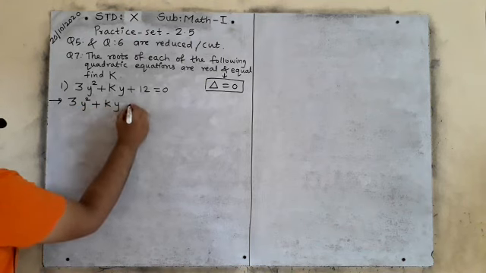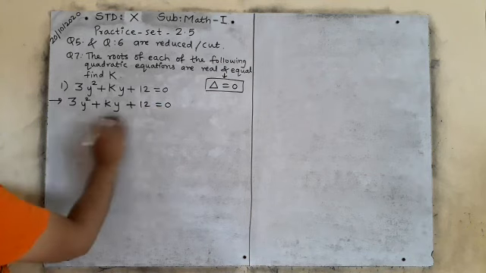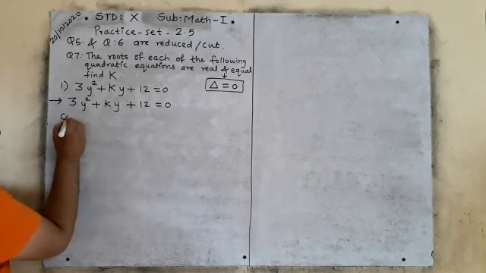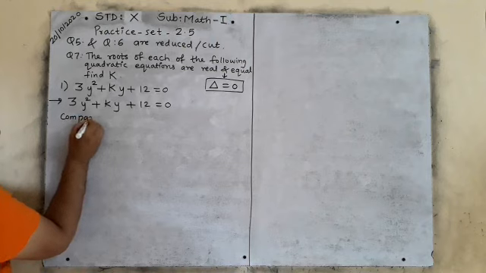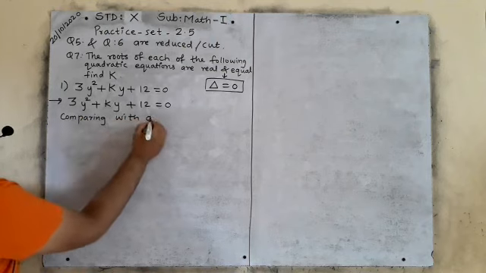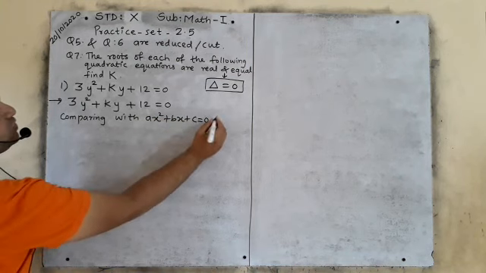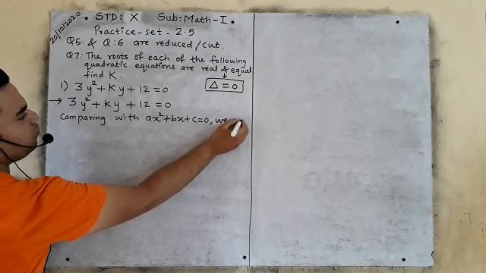3y square plus ky plus 12 is equals to 0, right? It is in a general form. So compare it with ax square plus bx plus c is equals to 0. What do you get here?